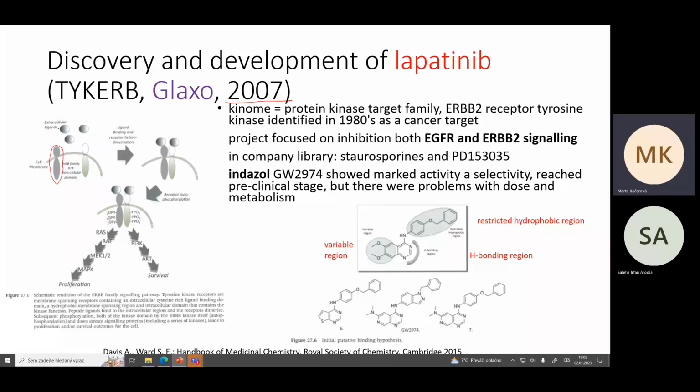There are some ligands that are able to bind to the extracellular part, and after dimerization, which is sometimes required in the kinases, the activated dimerized receptor or kinase is able then to trigger some signaling cascades or pathways in the cell.